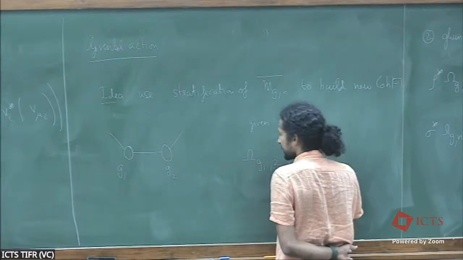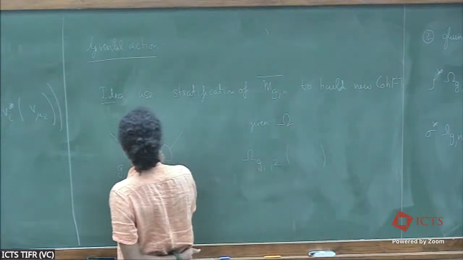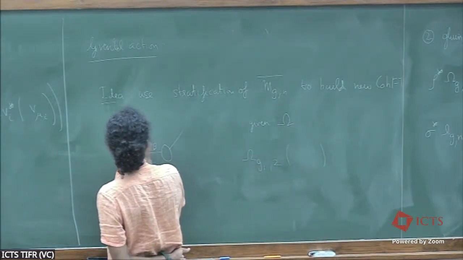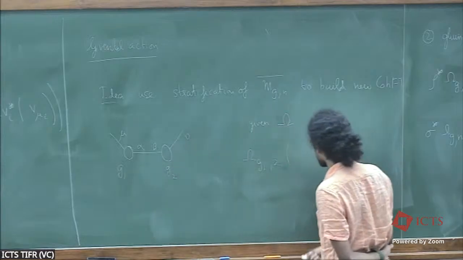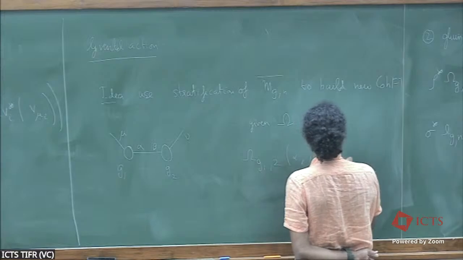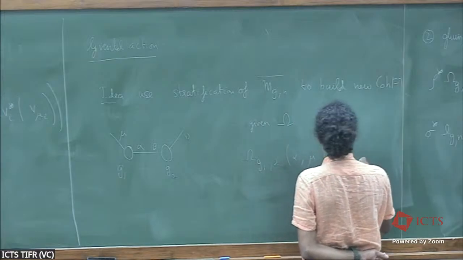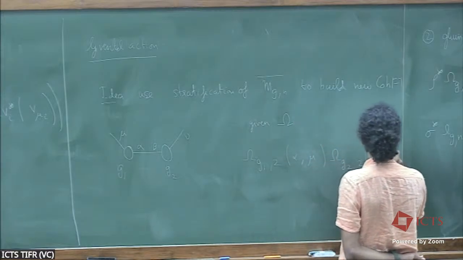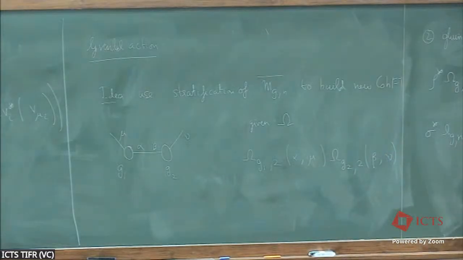And then I have to put some two entries. Let me call it alpha, beta, mu, nu. I'll give these guys some labels. So I put alpha, mu. I do G2, beta, nu. Okay, that makes sense.